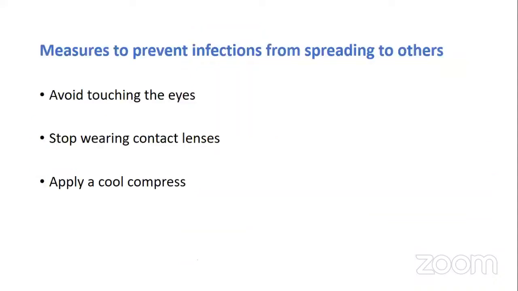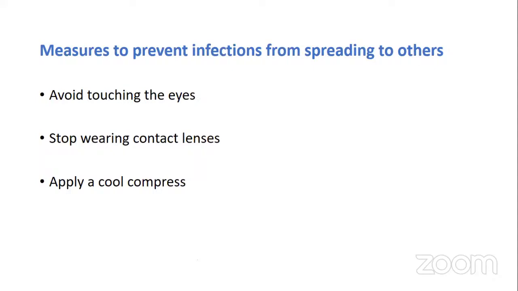So when one gets infected with red eyes, what are we supposed to do not to spread it to others? We should really avoid touching our eyes as much as possible. But one is going to ask, how do we stop touching our eyes when we have to wash our faces, when we have to put medicine in our eyes? How are we going to avoid touching our eyes?